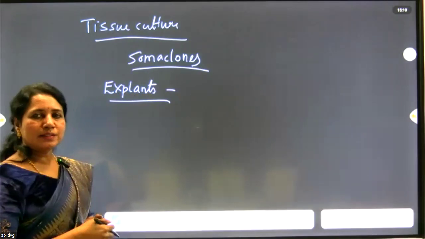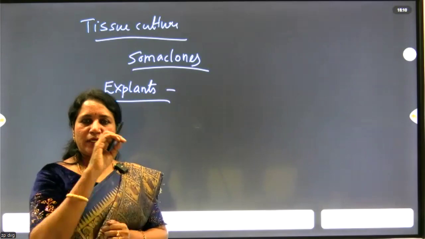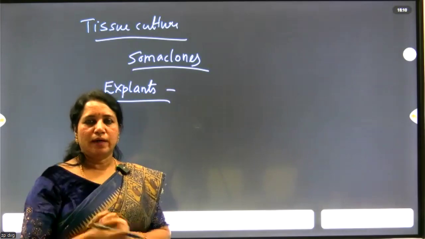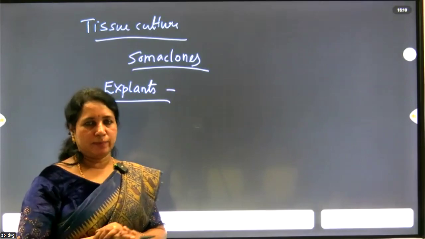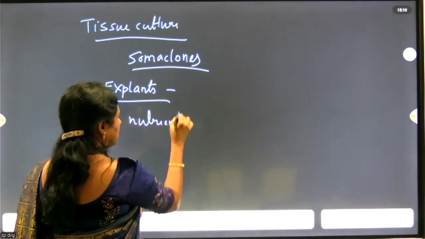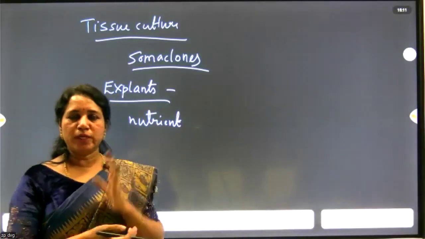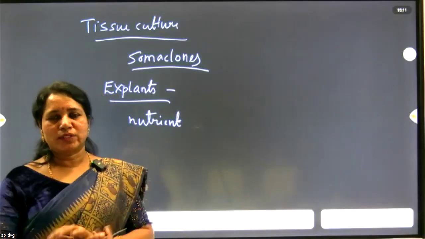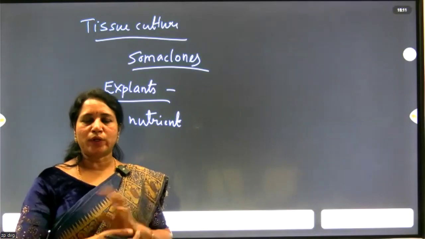What are explants? Explants are parts of the plant that we take out and culture in a test tube, in a sterile condition, in a special nutrient medium. This special nutrient medium must contain substances that stimulate the growth of the plant, like organic and inorganic nutrients. Starch is an organic substance.